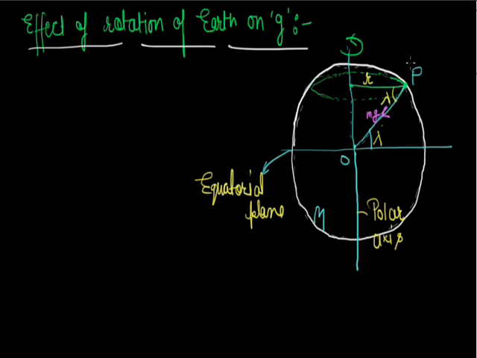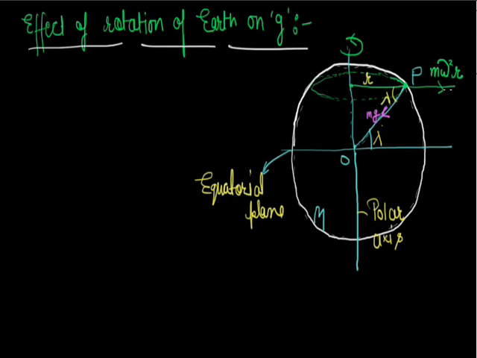Now due to the rotation of this particle about the circle of radius r, a centripetal force acts on this particle, so we can take this force in this direction, which will be m omega square r, where m is the mass of the particle, omega is the angular speed at which it is rotating, and r is the radius of the path on which it is rotating.